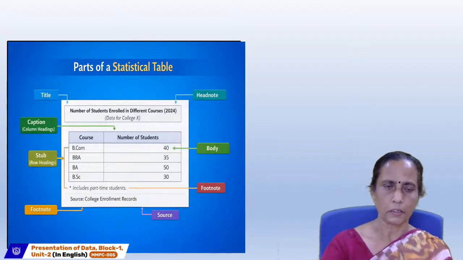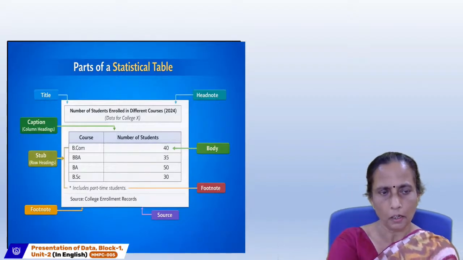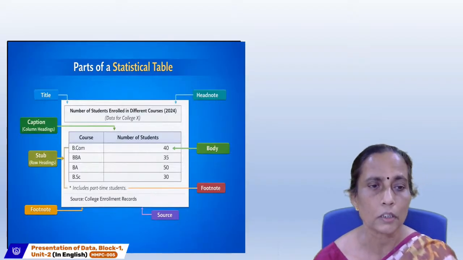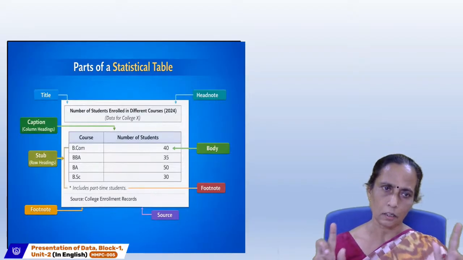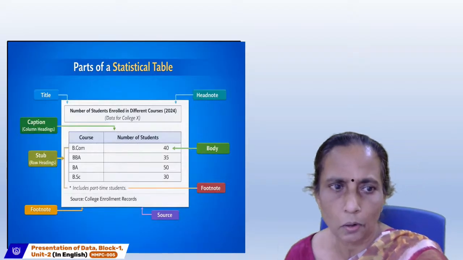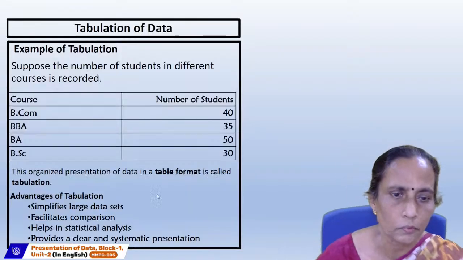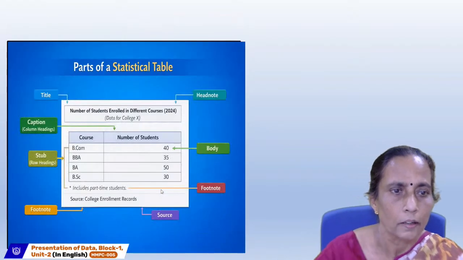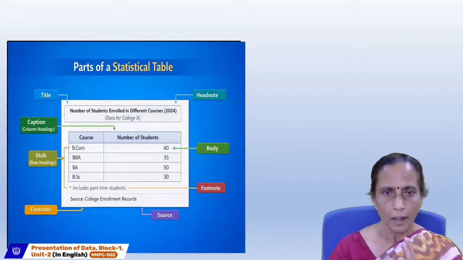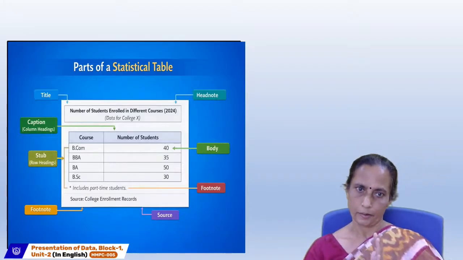When we present data in a table, our statistical table has certain parts. The first: each and every table should have a title.